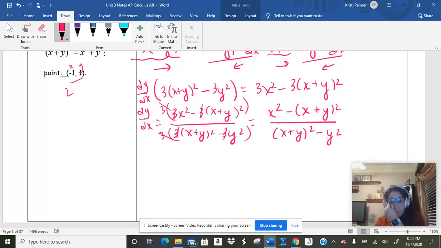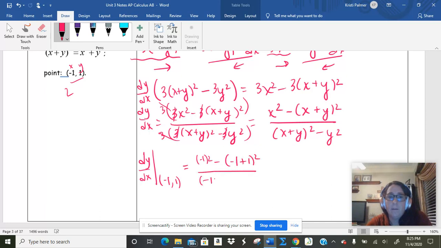Okay, so there's my dy dx. Now I want to go find dy dx evaluated at the point -1, 1. So this would be 1 minus 0 over 0 minus 1, which gives me -1.